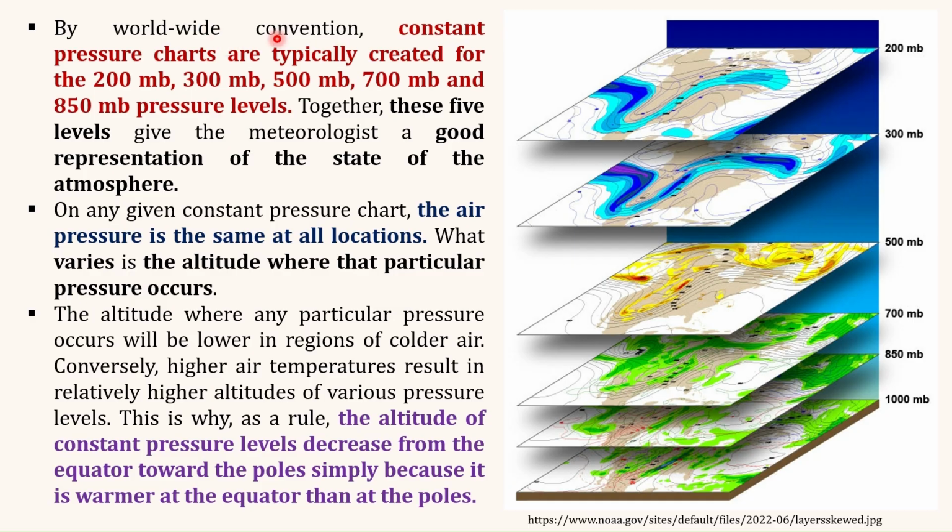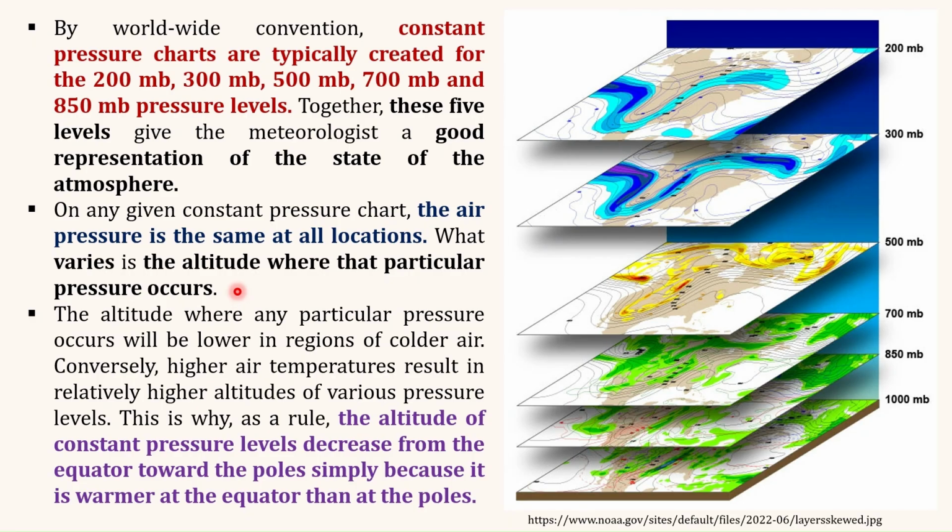By worldwide convention, constant pressure charts are typically created for 200 millibar, 300 millibar, 500 millibar, 700 millibar, and 800 millibar pressure levels. Together, these five levels give the meteorologist a good representation of the state of the atmosphere. On any given constant pressure chart, the air pressure is the same at all locations, and the only thing that varies is the altitude where that particular pressure occurs.